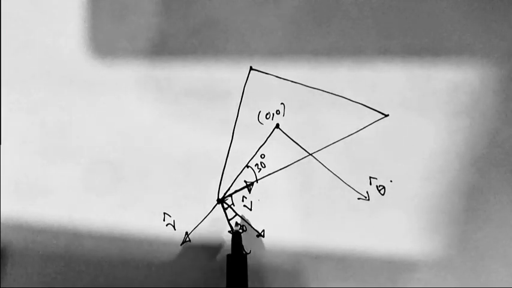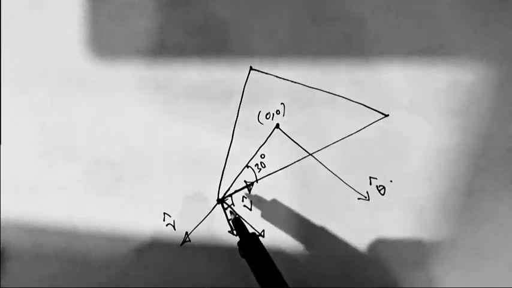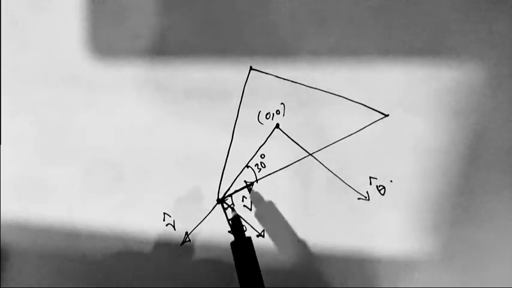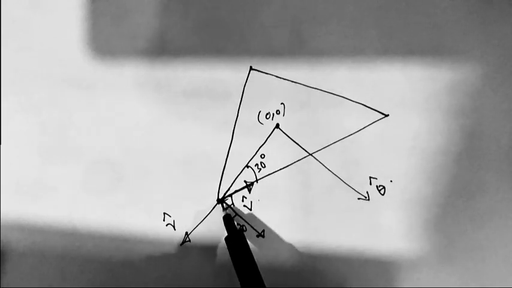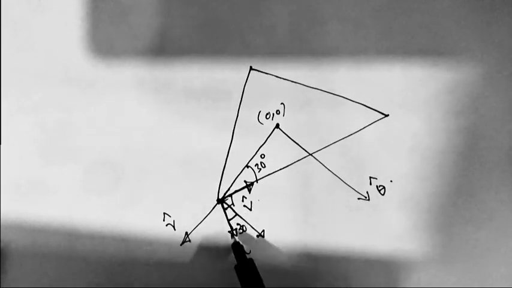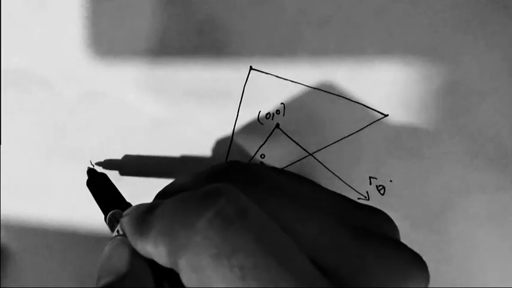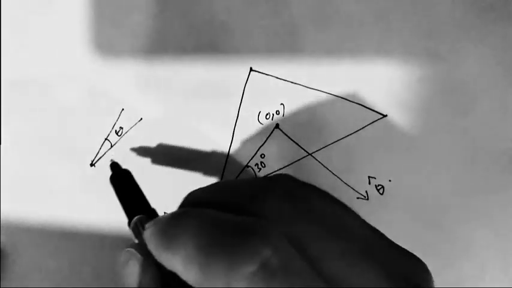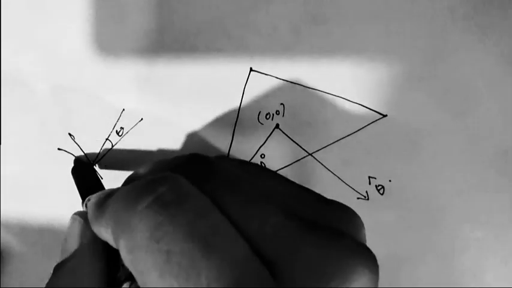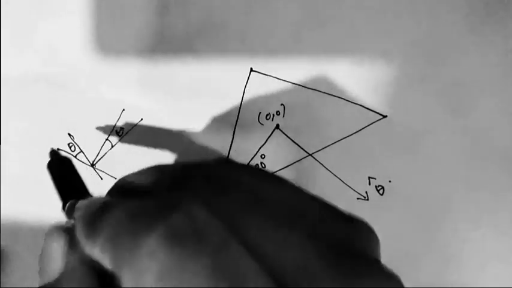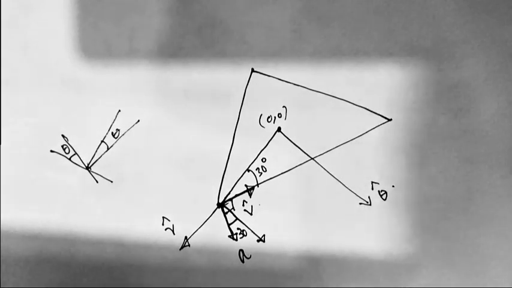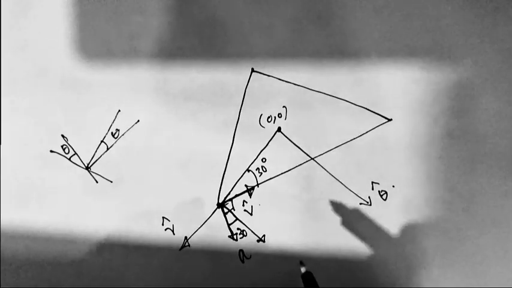Why? Because this line is perpendicular to this line r cap, and this is v, and this is your acceleration. So those two are also perpendicular. And a million times I have told in my class that if two lines are at angle theta, the perpendiculars are also at angle theta. This is what I call the ancient Greek rule, because this was known to the ancients also. So you should obviously know.